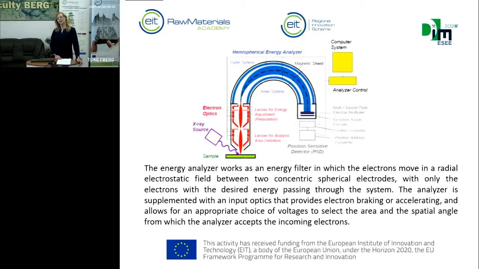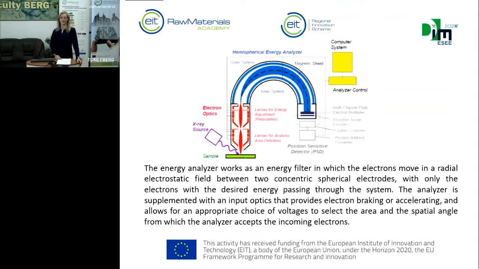In this picture you can see the hemispherical analyzer. The energy analyzer works as an energy filter in which the electrons move in a radial electrostatic field between two concentric spherical electrodes, with only the electrons with the desired energy passing through the system.